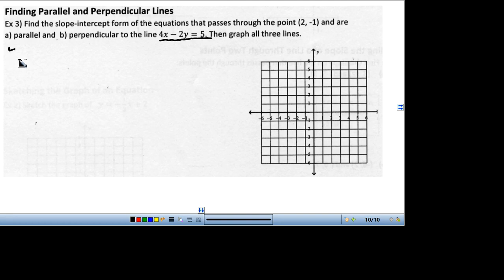So let me rewrite it. 4x minus 2y equals 5. I'm going to subtract 4x from both sides, so I'm going to have negative 2y equals negative 4x plus 5. And now I'm going to divide everything by negative 2.